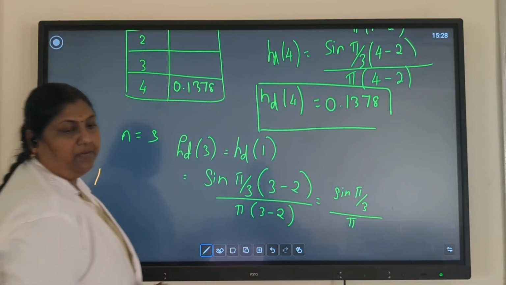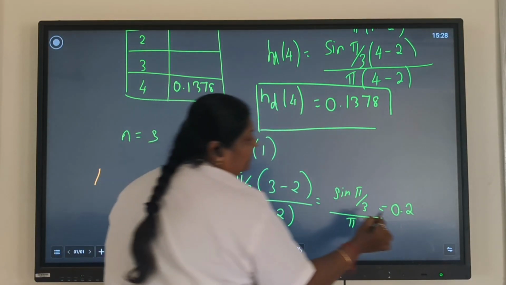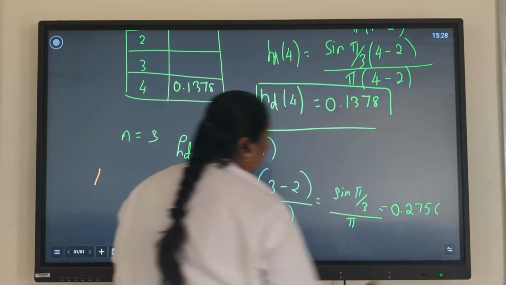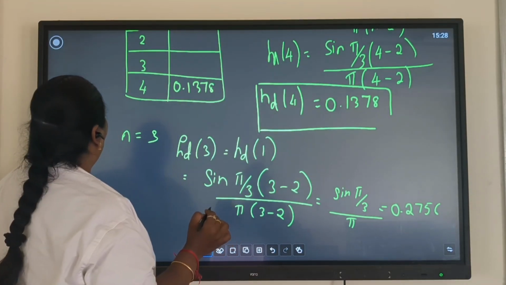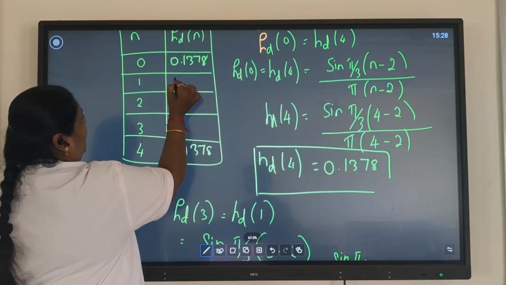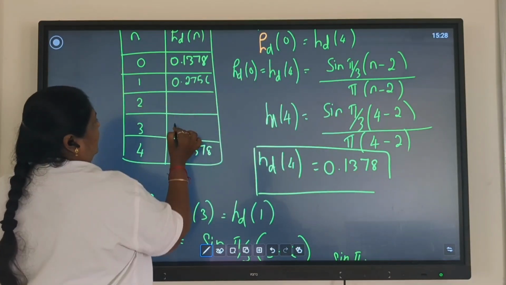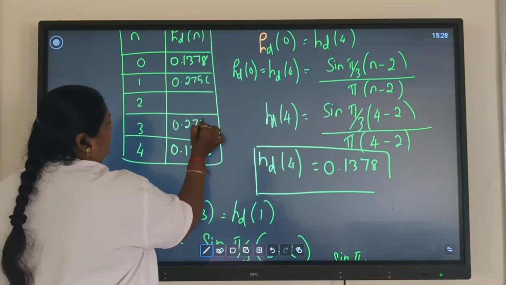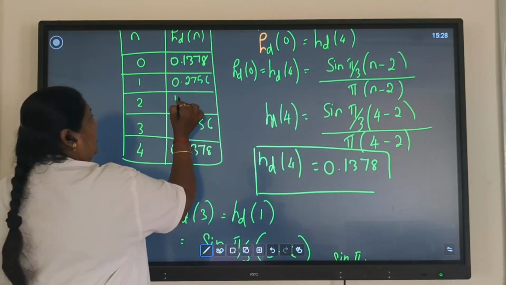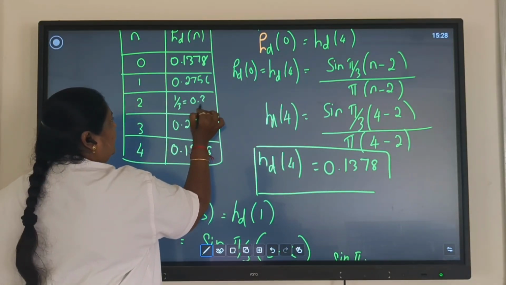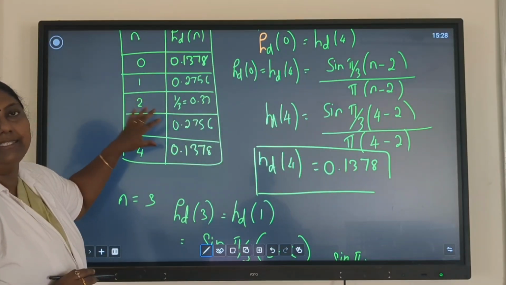The answer I am getting for this value is 0.2756. So it is 0.2756. Already for n equal to 2, we have got the value 1 by 3, that is equal to 0.33. So now I have got the infinite impulse sequence.